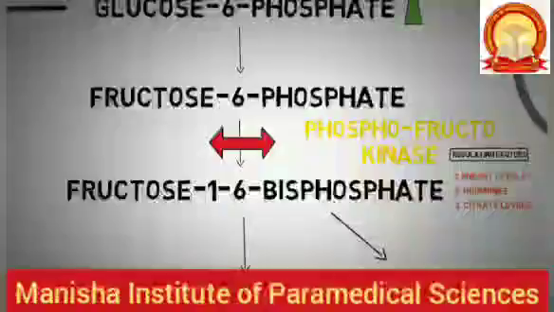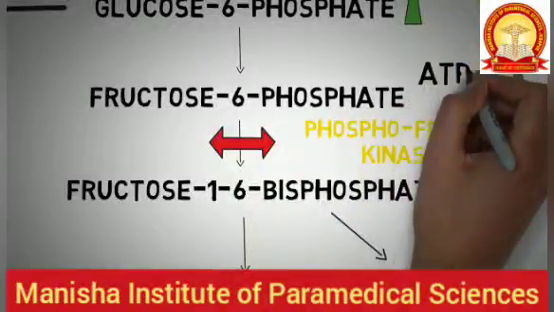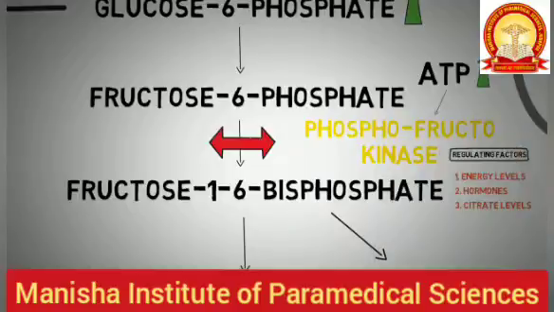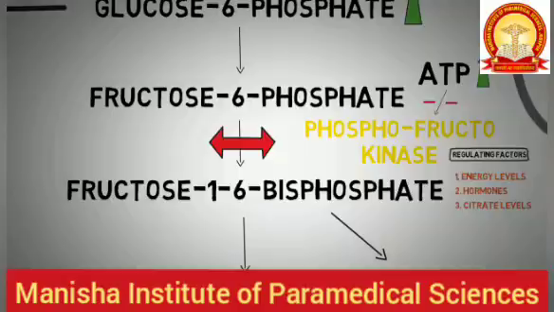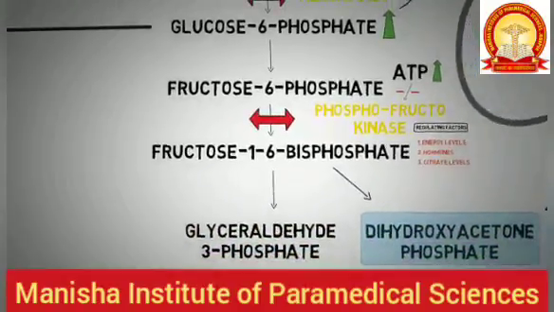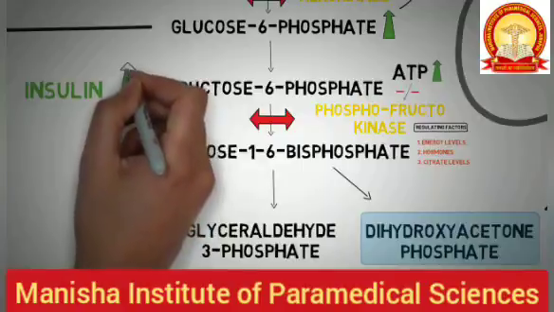We have discussed how the levels of ATP affect the function of phosphofructokinase earlier in this video. An increase in the level of ATP of the cell decreases the activity of the enzyme phosphofructokinase and thus decreases the overall rate of glycolysis. Insulin increases this rate of reaction by increasing the activity of phosphofructokinase.